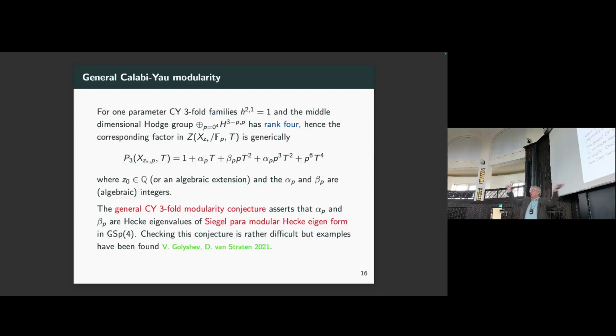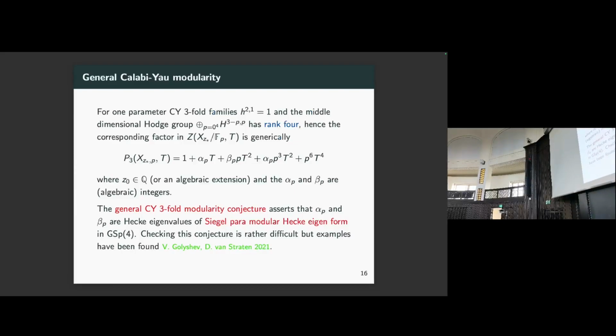You look at this and see two coefficients. There are not more than two, because they are related by one of the symmetries I told you about in the beginning. The general modularity conjecture says that these A_p and B_p are Hecke eigenvalues of a Siegel paramodular form that has to be found.